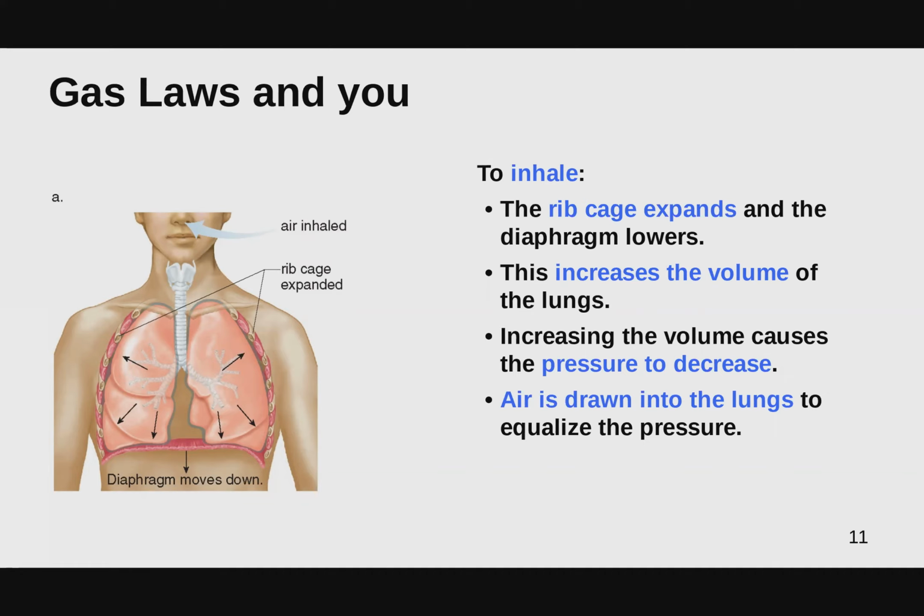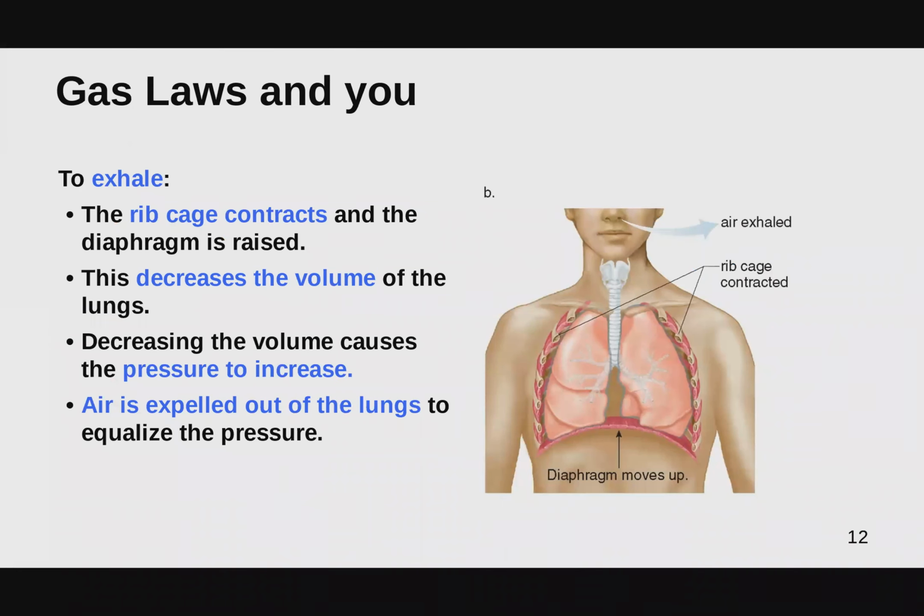Because there's a pressure deficit in your lungs, air comes through your nose, through your mouth, and down into your lungs, thus drawing air into your lungs. Now, when you exhale, your rib cage contracts and your diaphragm is raised back up, which decreases the volume of your lungs. As you decrease the volume of your lungs, pressure has to increase.